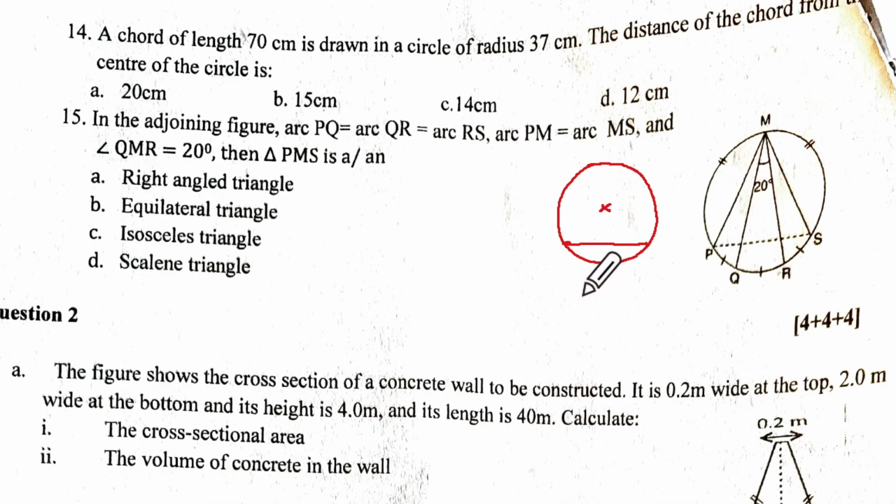The chord is of length 70 centimeter, from, let us say, A to B. The radius from here to here is 37. So I'll have to drop this, which will be OP. This is the distance of the chord from the center.